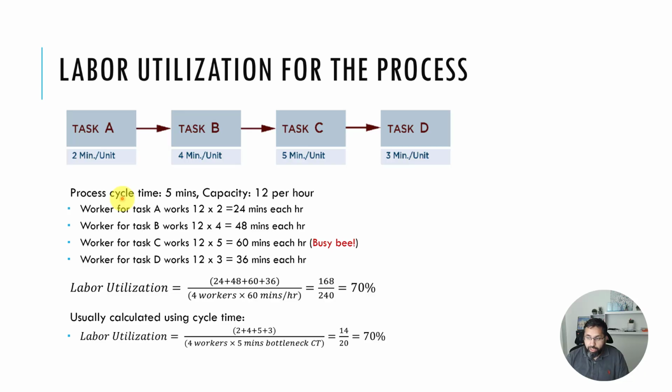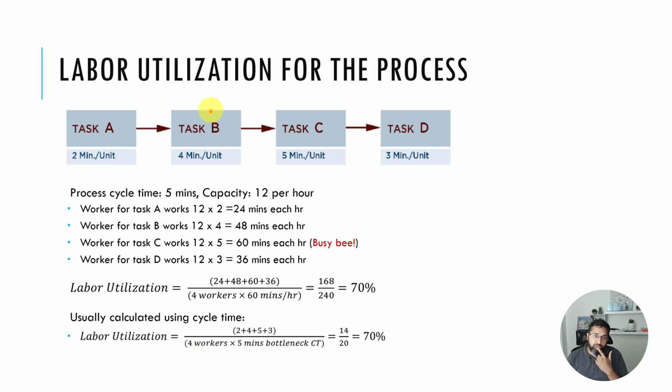is we can do it two ways. The easier way is using the cycle time, the bottom formula. You add up all the cycle times at the top, okay, and then you divide by the cycle time of the bottleneck multiplied by the number of stations you have. The 4 stations or 4 tasks.